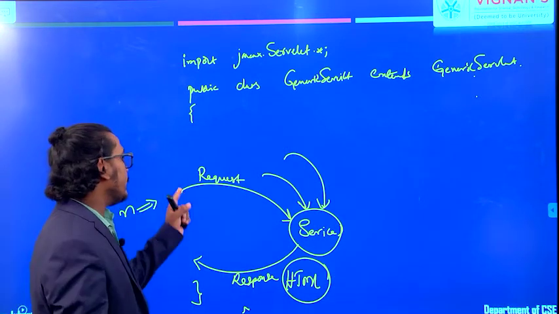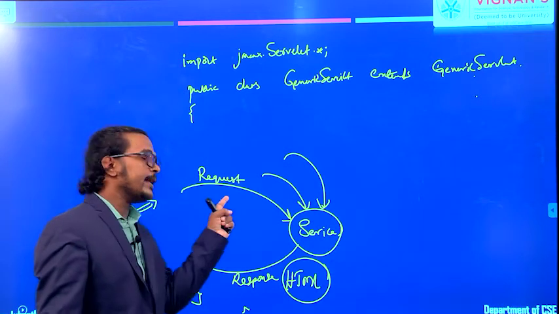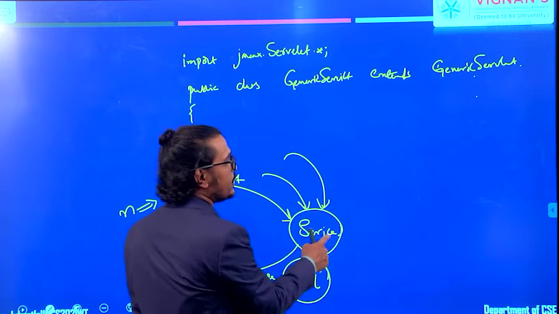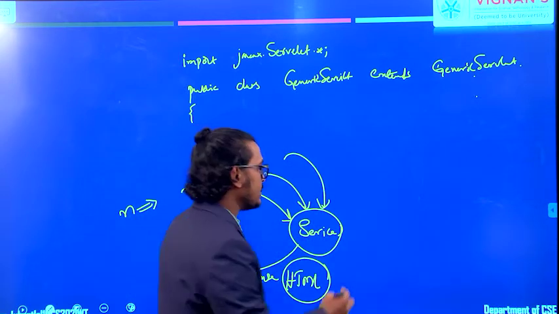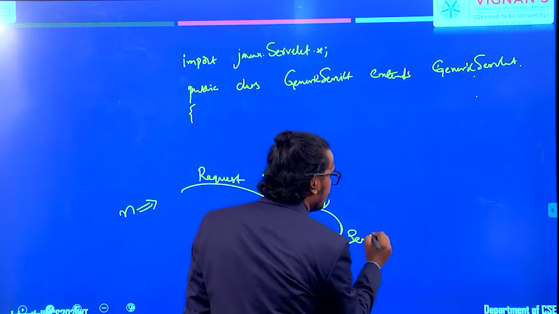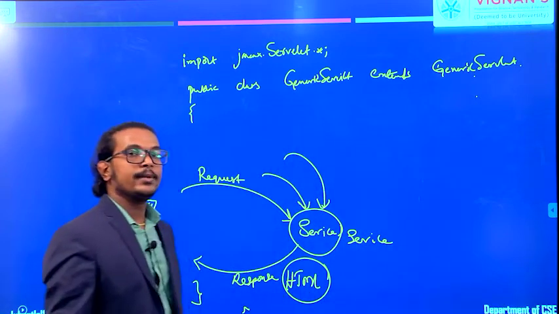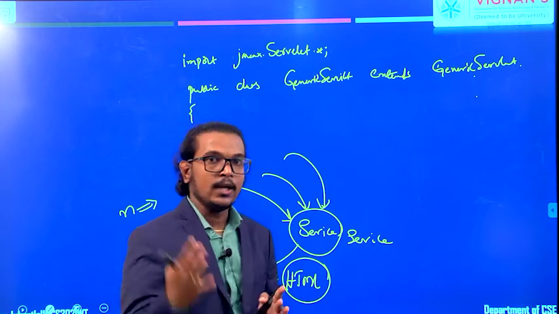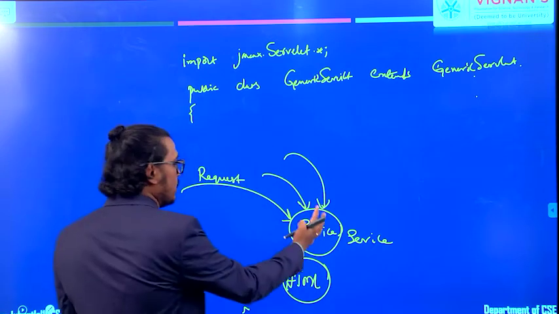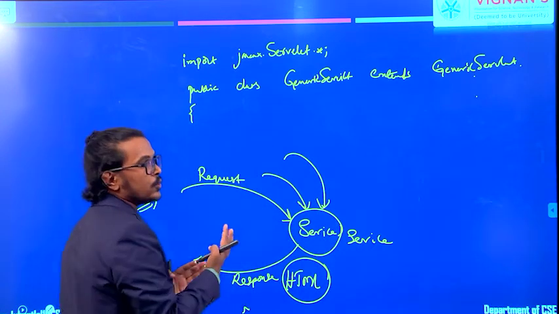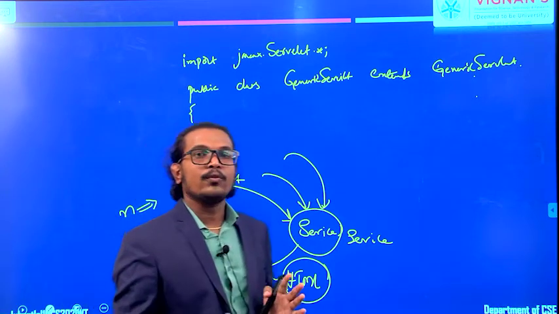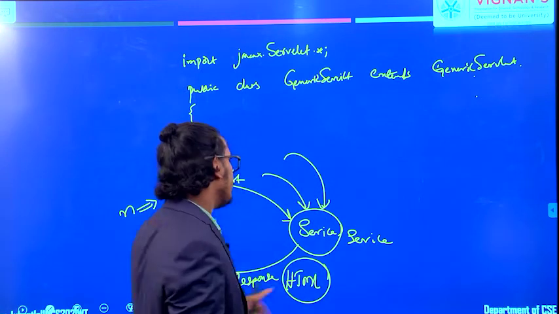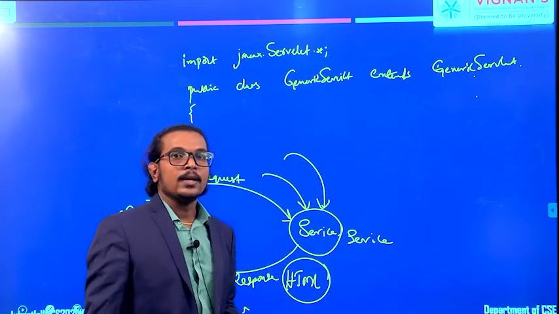So first we get the request from the client machine. We take that request and process it with the help of the service method. Once the processing is done, we forward the response to the requested client in the form of HTML.